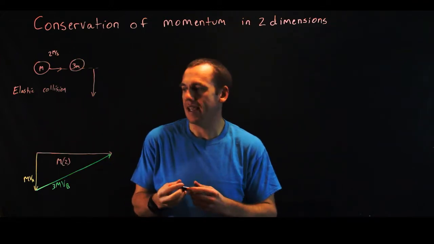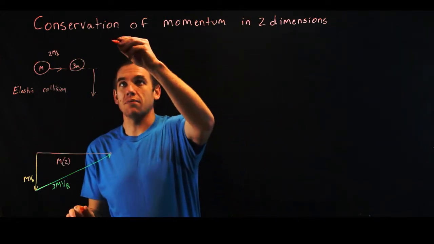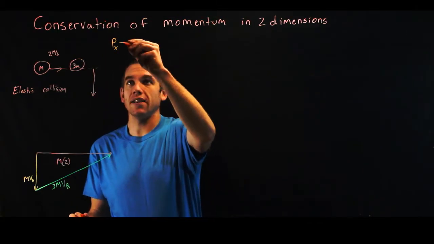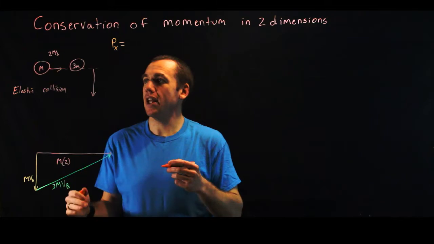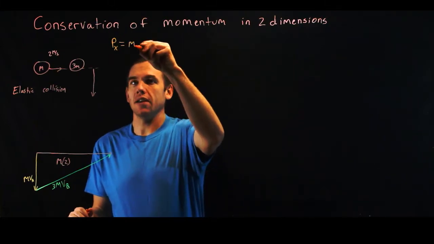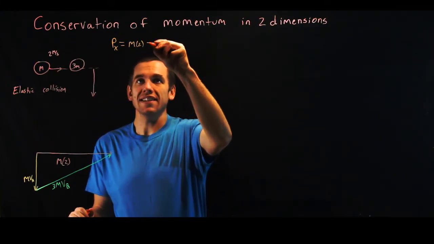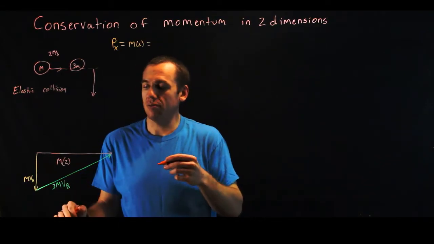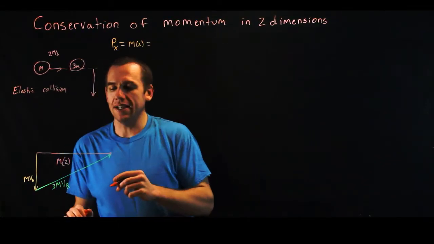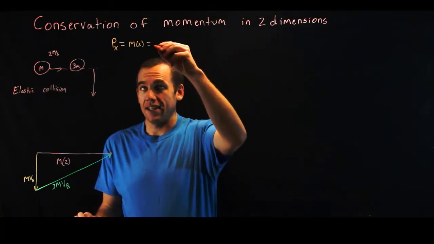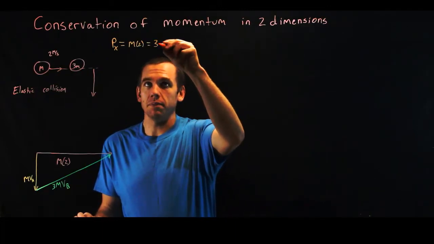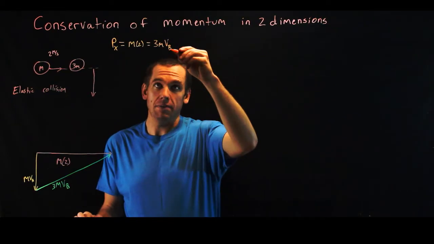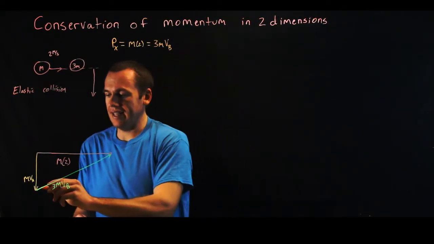I can say that initial momentum, and it is in 2 dimensions, so I have to keep it in 2 dimensions. The initial momentum in x is the final momentum in x, and the momentum in x originally was m times 2. This has to equal the momentum in x finally. The VA doesn't contribute to that at all, but VB does, and so I can say this is equal to 3m times VB, but not all of VB, only the section of VB that is in the x direction.